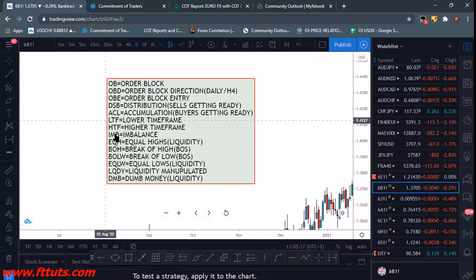You saw that imbalance, IMB. EQH, equal highs, liquidity. BOH, break of high, break of structure. BOLW, break of low, break of structure. EQLW, equal lows, liquidity. LQDY, liquidity manipulated. DMB, dumb money, liquidity as well.